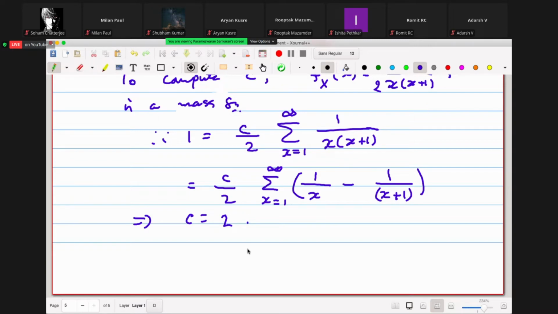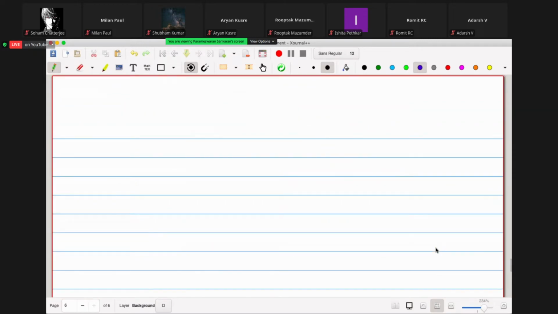Now you can try and compute the remaining parts: expectation and variance. Actually, it's very trivial.